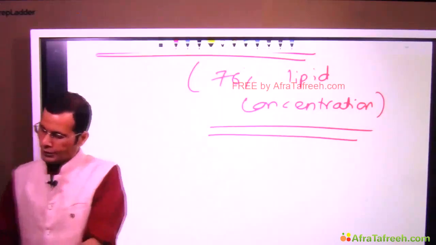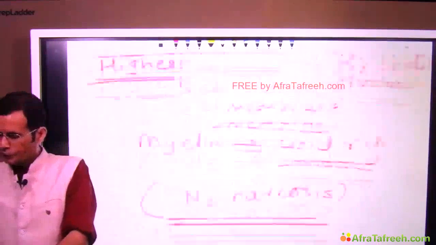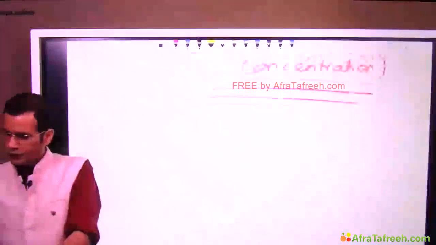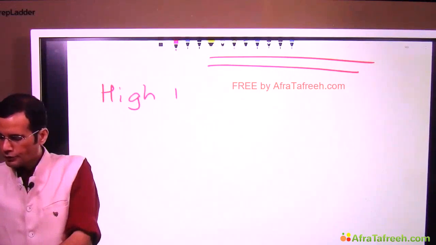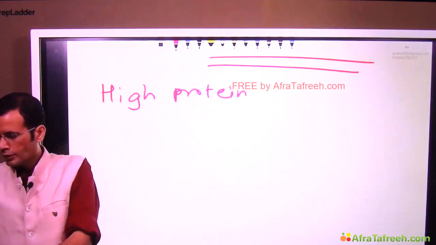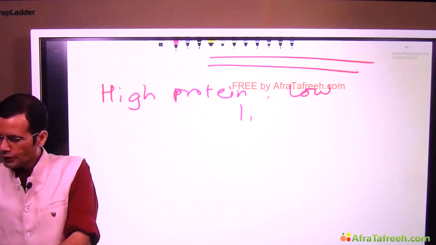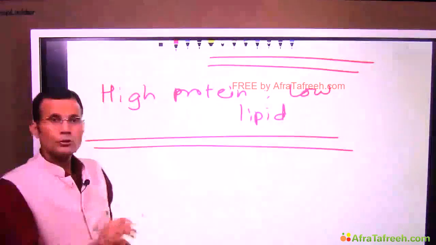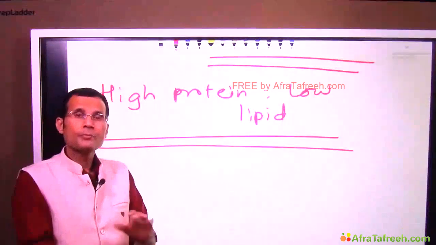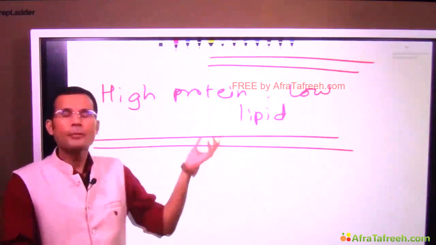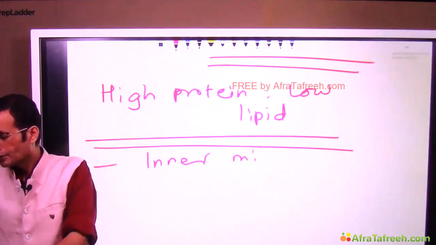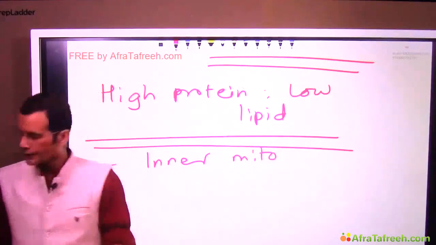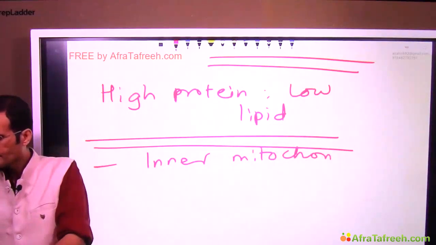That's the point. Okay, so highest lipid concentration, and then high protein and low lipid concentration. So now the ratio is reversed. Low lipids and high proteins. The answer, the most important one, is the inner mitochondrial membrane.